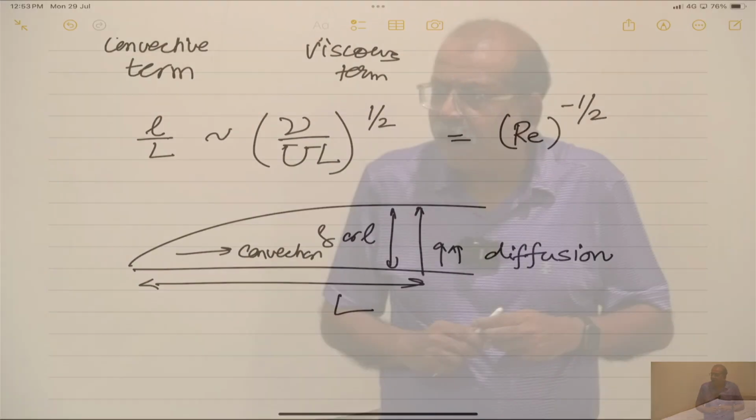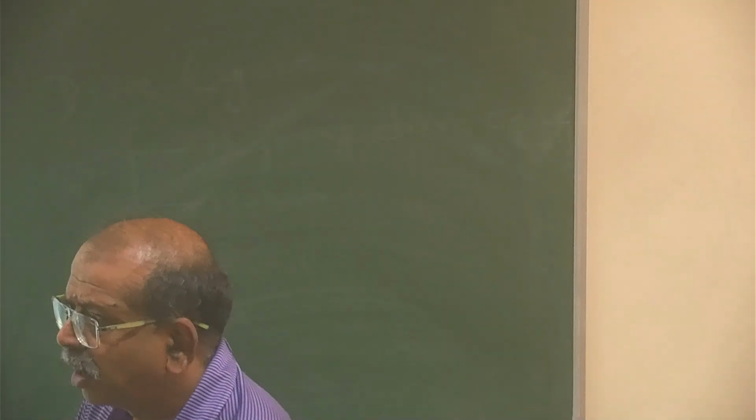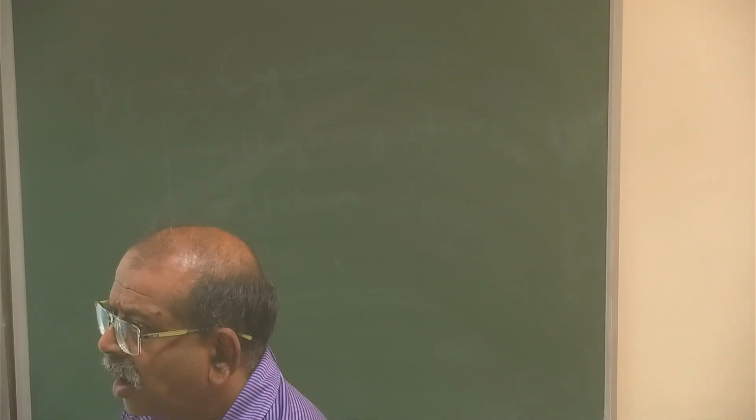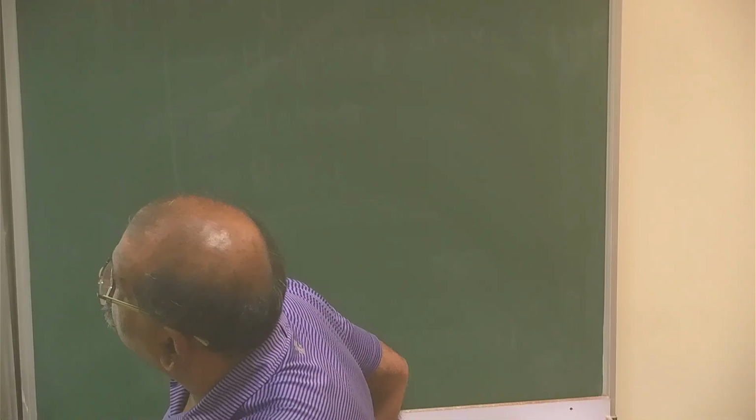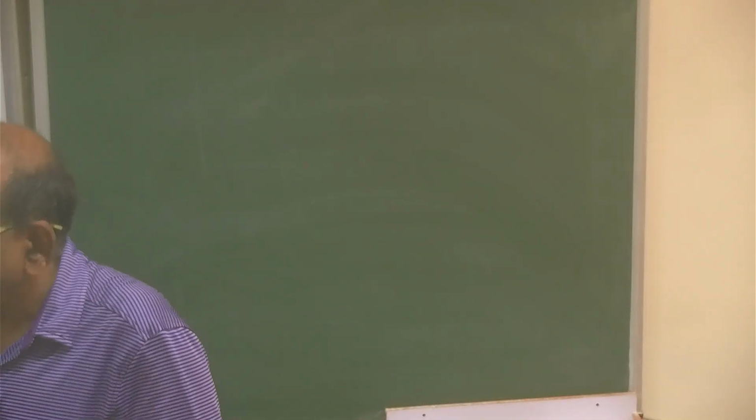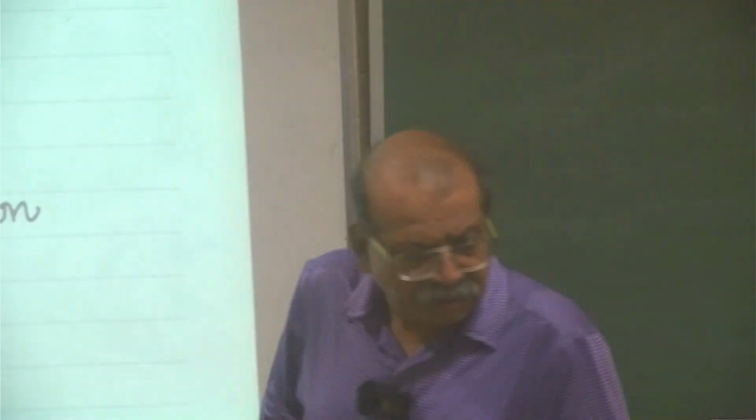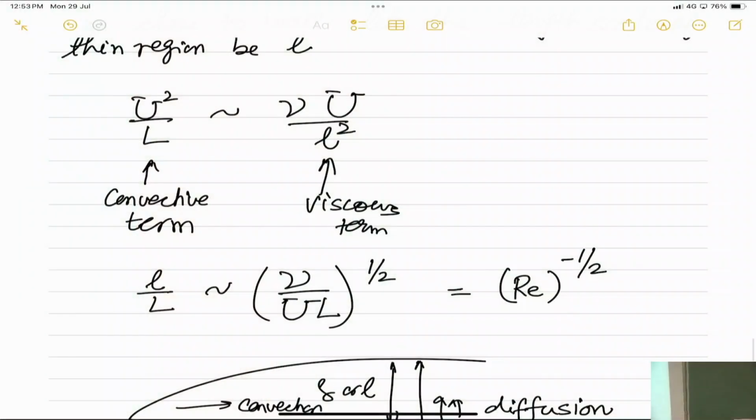Yeah. How did you get to this relation that convective term is of the order of viscous term? Okay. Now, this convective term is of the order of viscous terms. This will come from the fact that in the flow we have these two terms which stay.